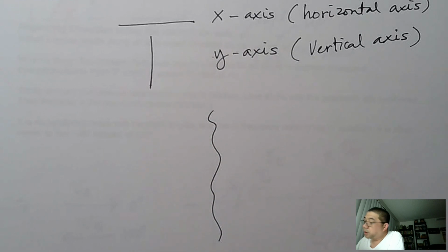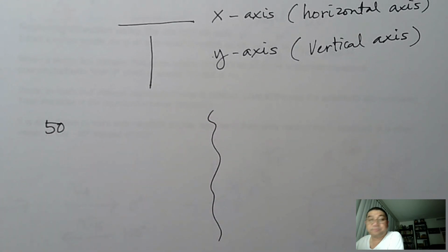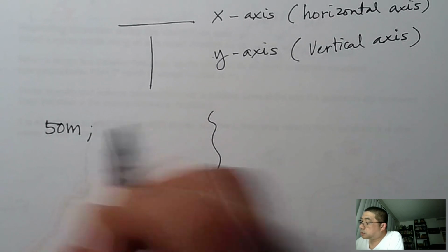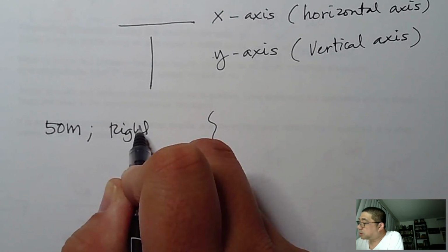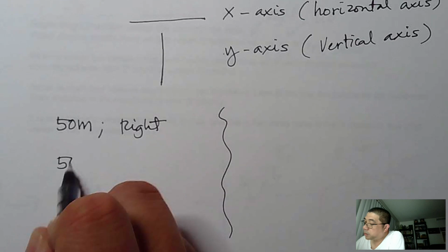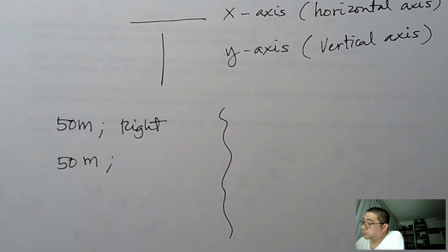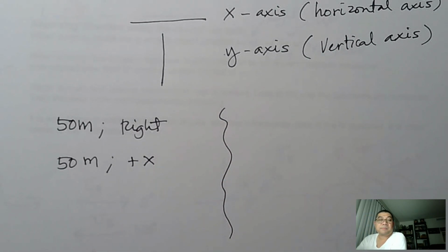So we can say 50 m, and then let's describe, right. Or we can say 50 meters positive x-axis. So these are some of the ways on how to represent vectors using words.